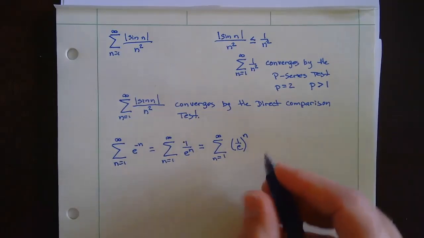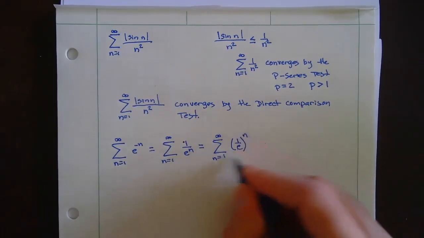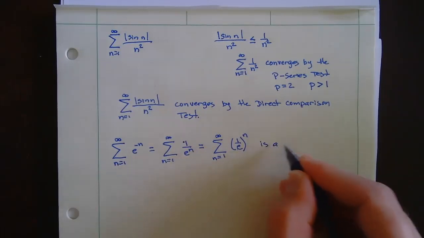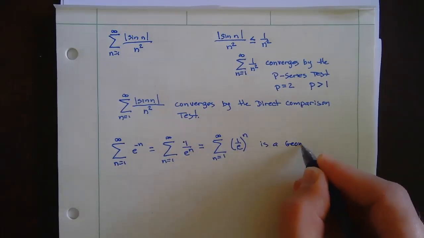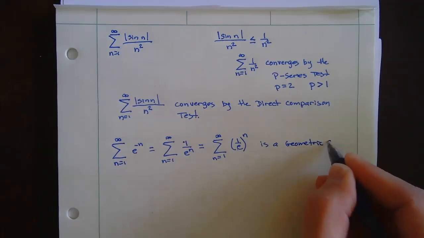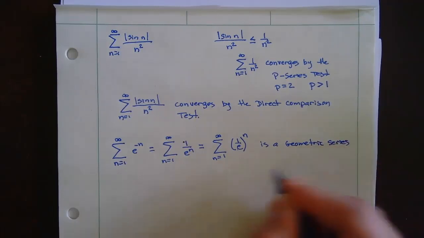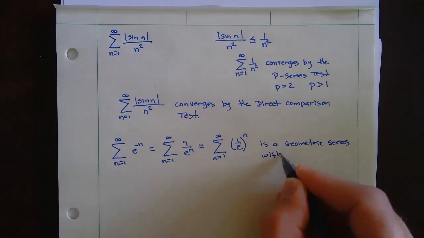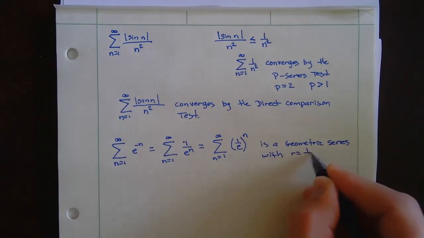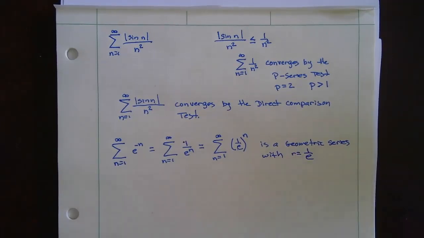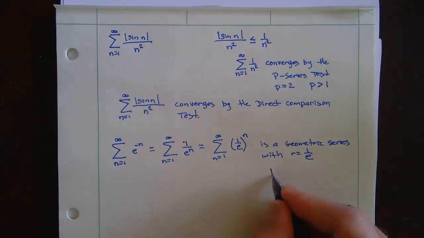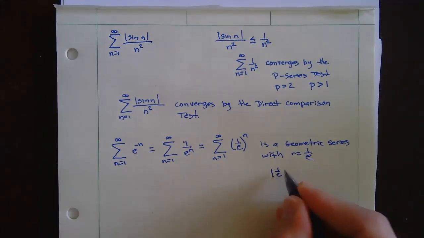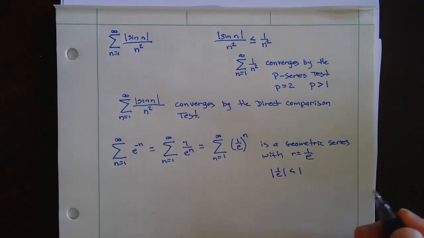So this series is a geometric series with r equal to 1 over e, and the absolute value of 1 over e is less than 1.